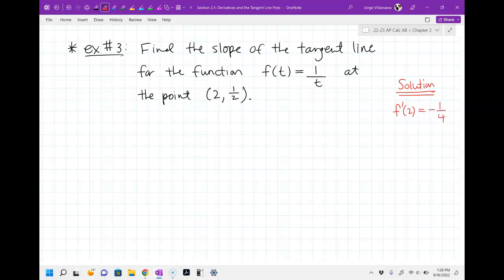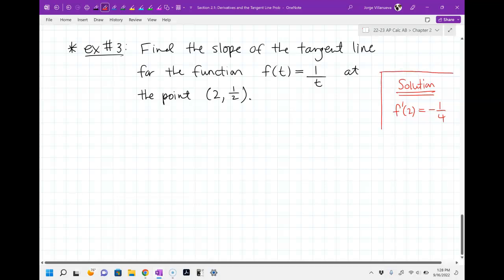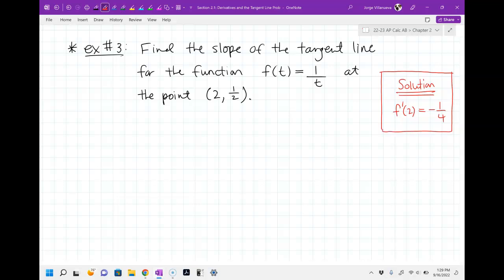In other words, the derivative when x equals 2, because that's the x value, is negative 1/4. So that's going to be your answer. Try it, see if you can get it. If you can't, it's okay. We're going to work over this when we come back on Monday, but try to see if you can do that on your own.